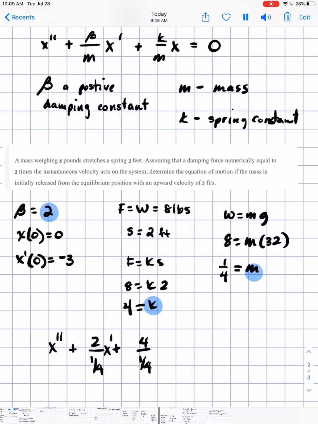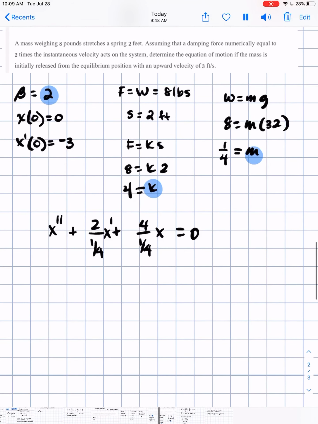Don't forget your derivative and your function equals 0. Okay, great. So now we got x double prime plus 8x prime plus 16x equals 0.